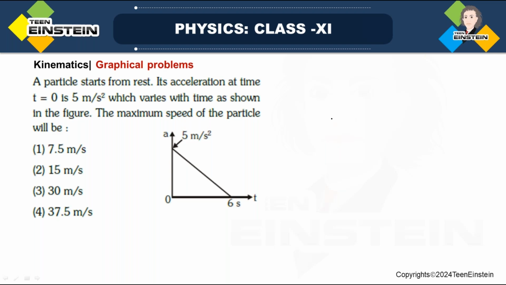A particle starts from rest. Its acceleration at time t equal to 0 is 5 meter per second square, which varies with time as shown in the figure. The maximum speed of the particle will be... Let us see one thing here.